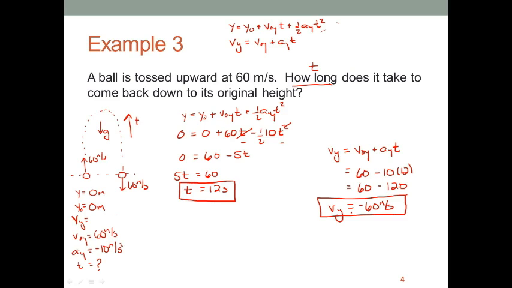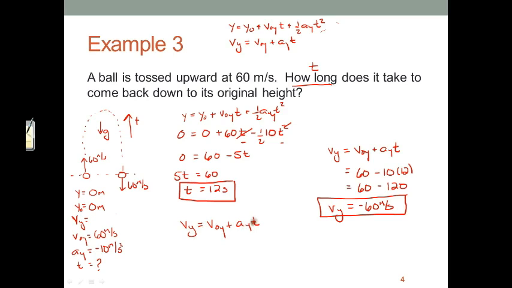Now, if we had known that beforehand, so let's pretend we're back to the beginning, and we're smart enough to remember the fact that Vy is going to be equal to v naught y when we're at the same height, going up to going down, just in the opposite direction. Had I remembered that, I could have gone directly to this equation. Right?